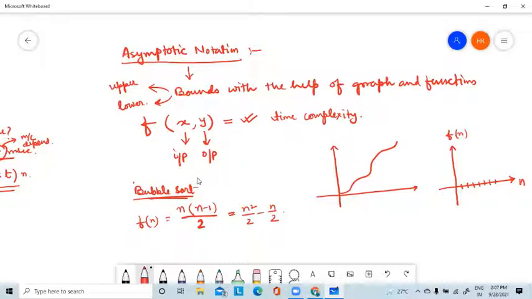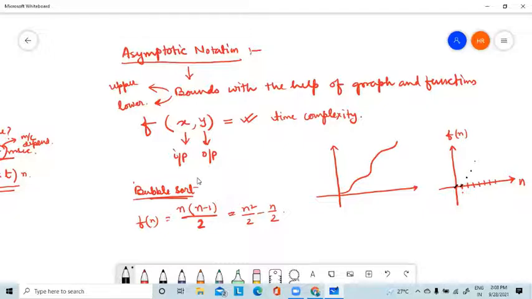So if n equal to 0 at this point, it will be 0. Then n equal to 1 means 1 by 2 minus 1 by 2, so again it is 0. Then n equal to 2, it becomes 1. And for n equal to 3, it is 3 into 2 by 2, which means 3.